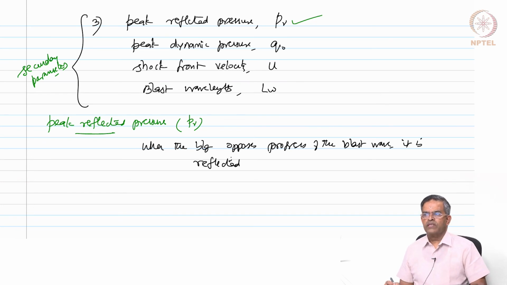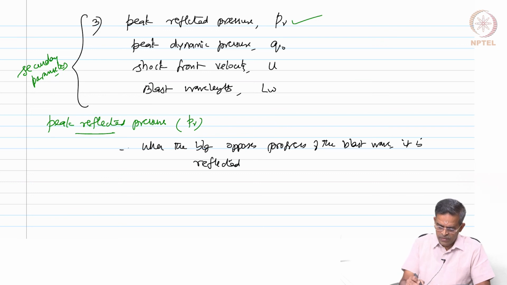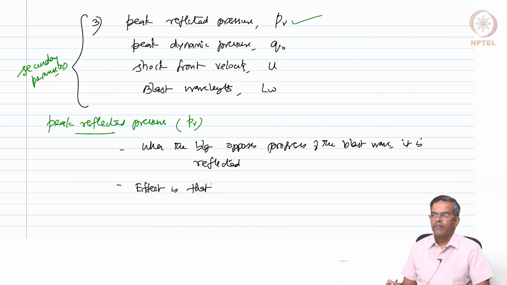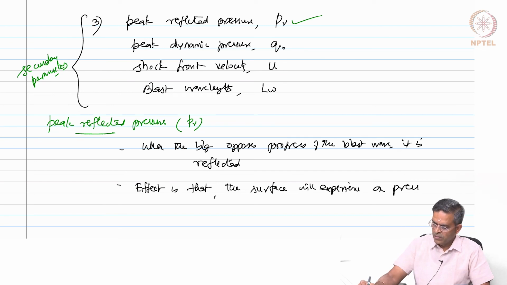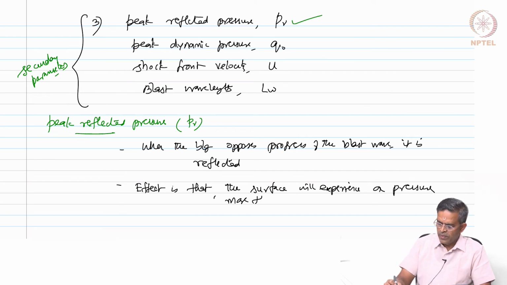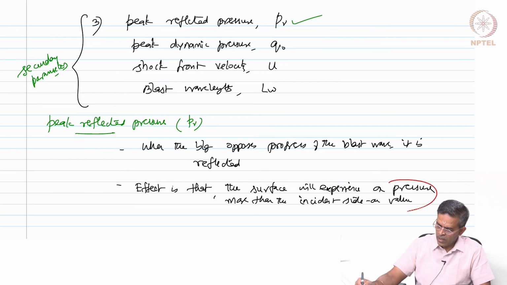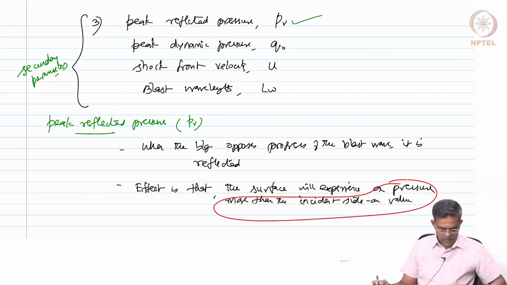The effect of this reflection is that the surface will experience a pressure more than the incident side-on value. So, the pressure will now increase, okay. The pressure intensity will be more.